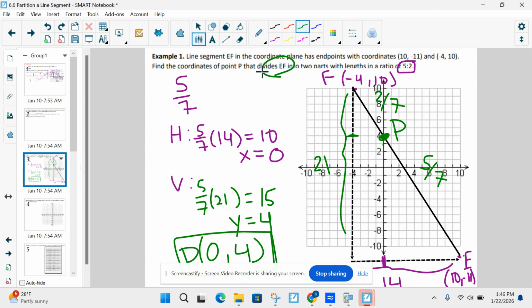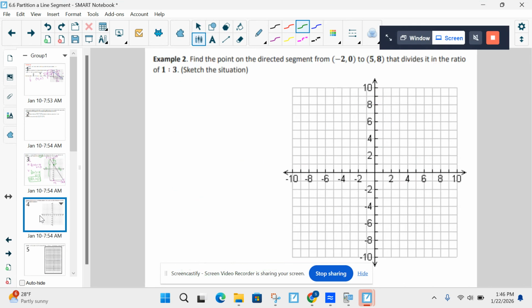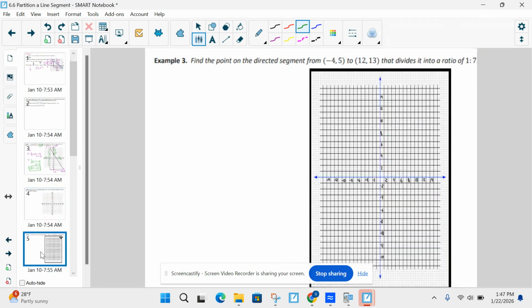You're welcome. Okay, we're gonna skip number 2 on the next page and try number 3. So do you see how this kind of relates to what you learned yesterday with finding the points if it's a dilation that's not centered at the origin?